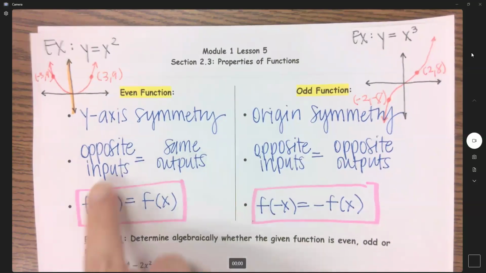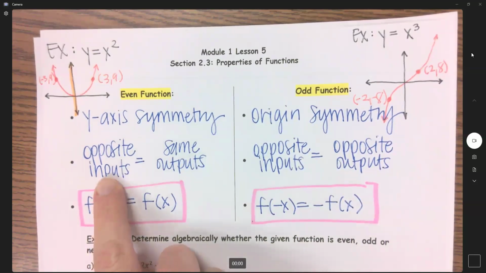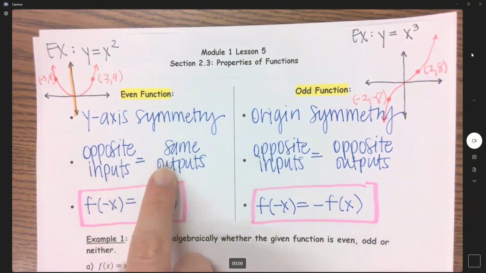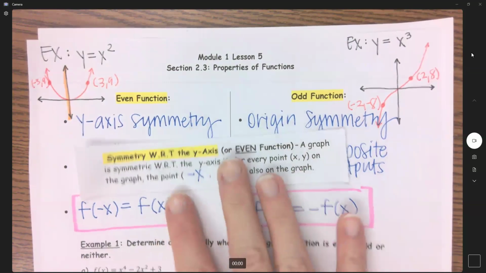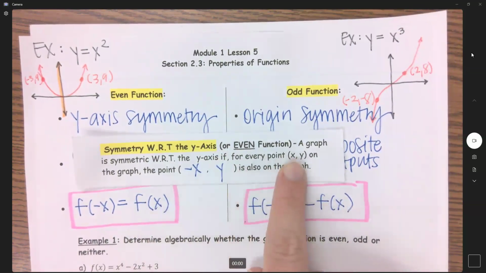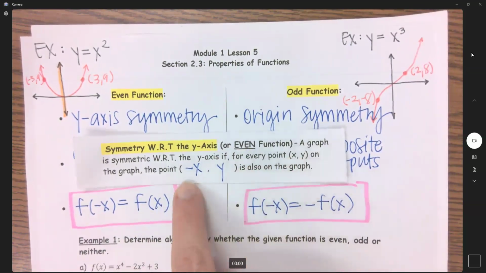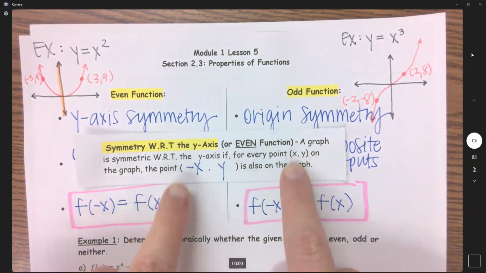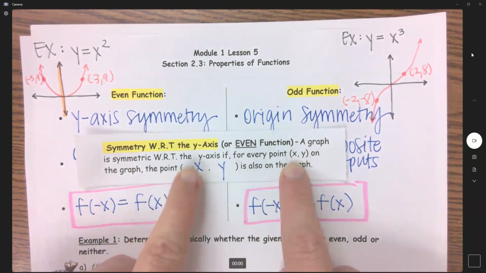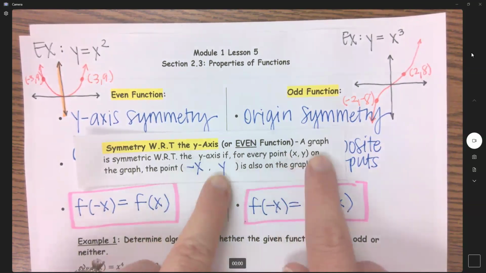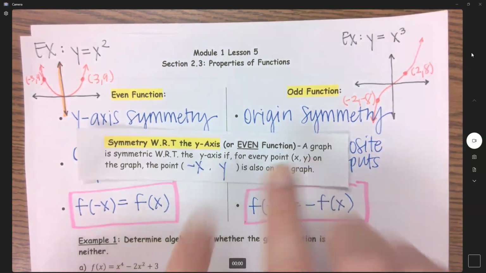Now, what even functions do technically is that opposite inputs are going to give me the same outputs. We wrote that in our notes last time: (x, y) equals (negative x, y). Notice we have opposite inputs, x and negative x, but either way we get the output of y.